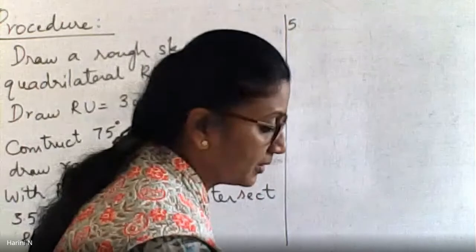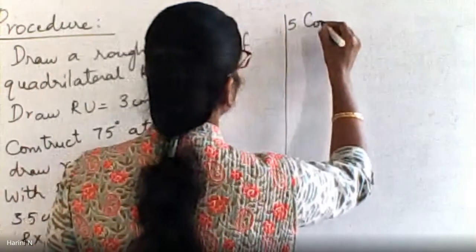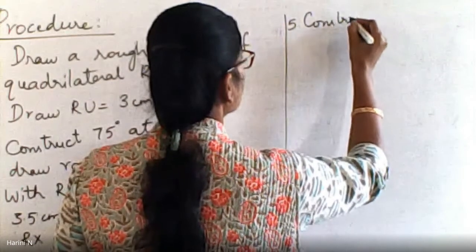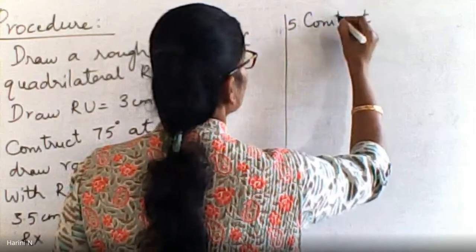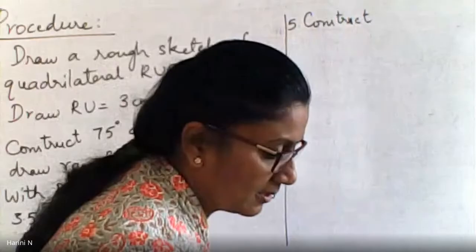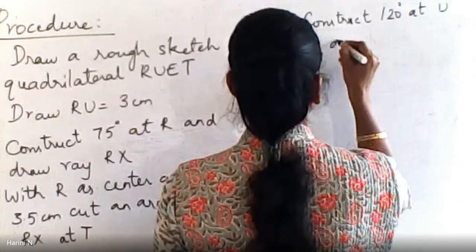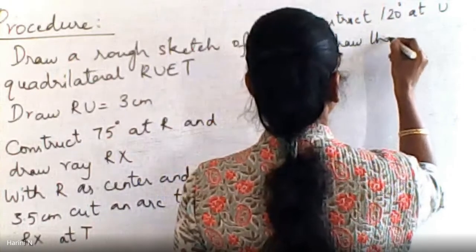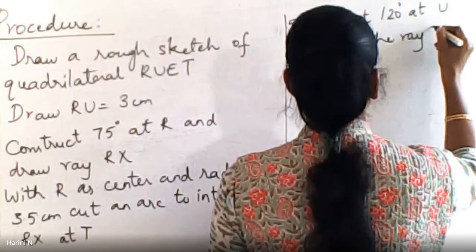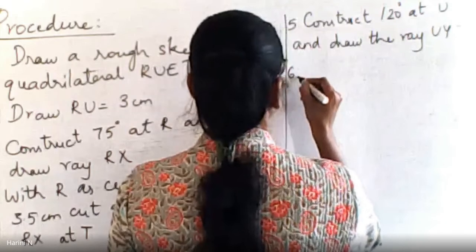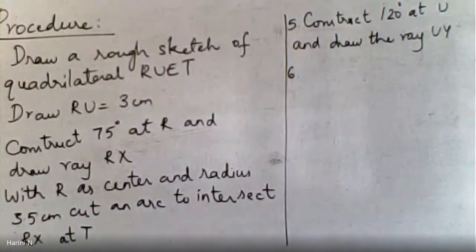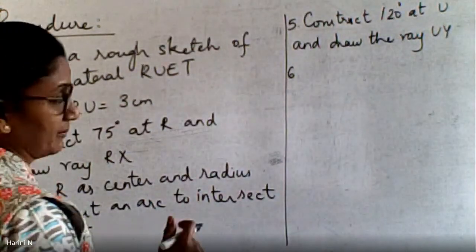At U. Correct. So construct 120 degrees at U and draw the ray UY.